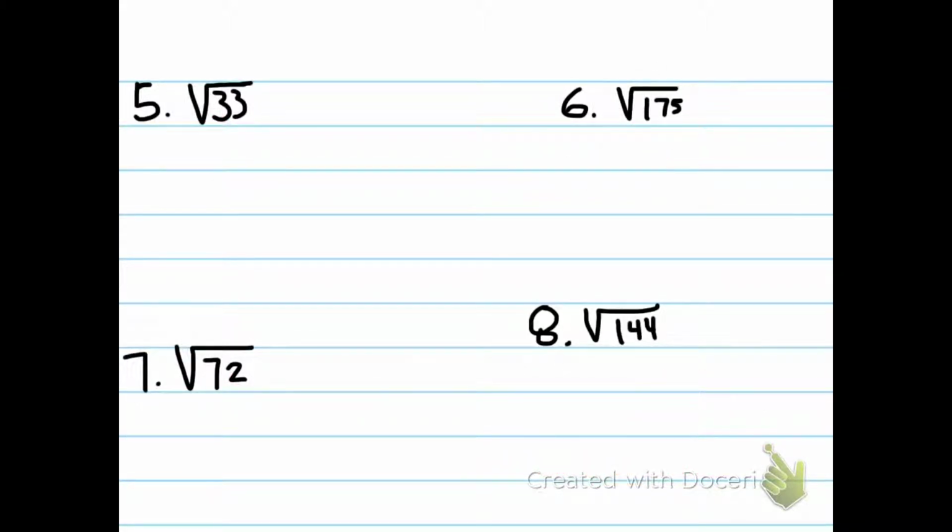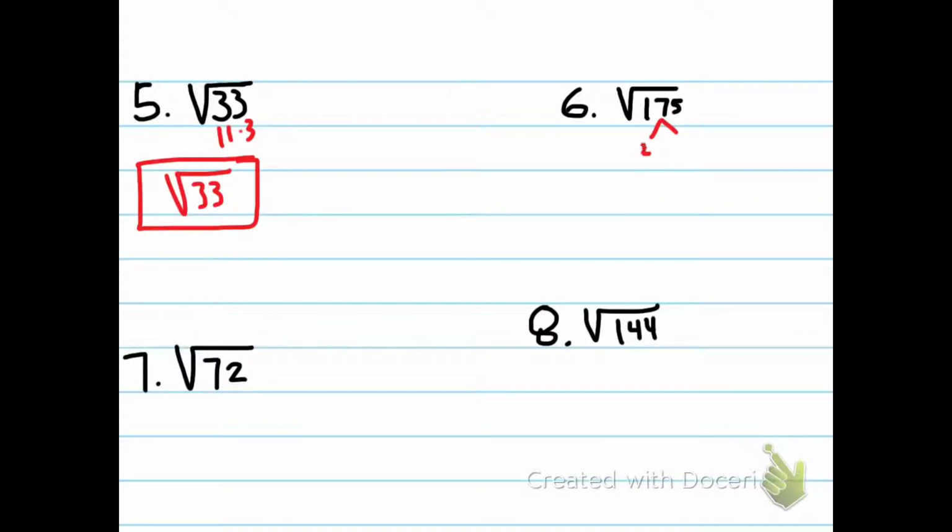For number 5, if you try to see the factors, 11 times 3 is the only one, and there's no perfect square in it. So you just write root 33, because you can't take anything out. For number 6, I already know that 25 will be one of the factors because it ends in a 75.